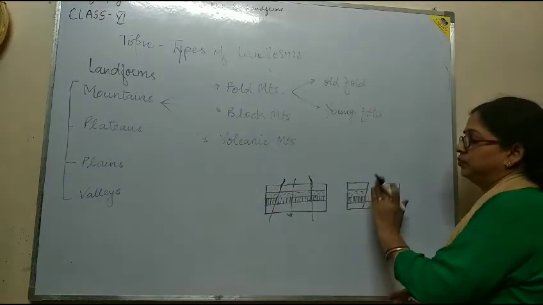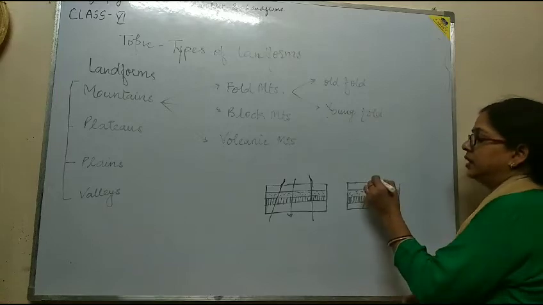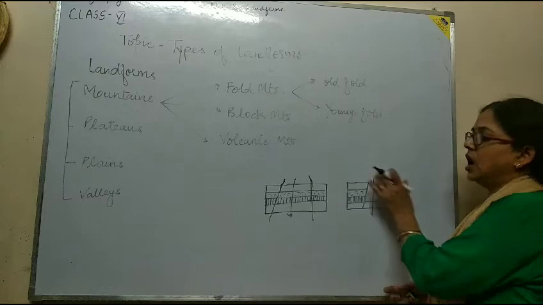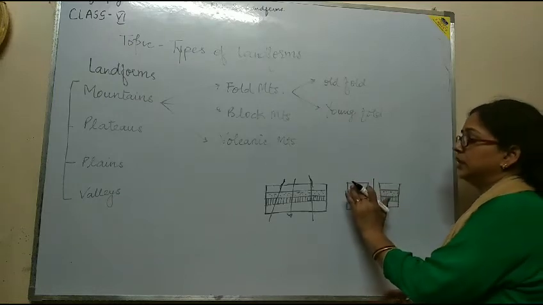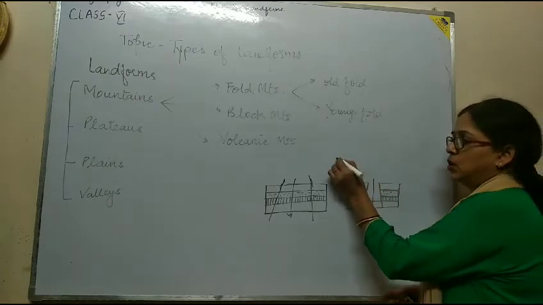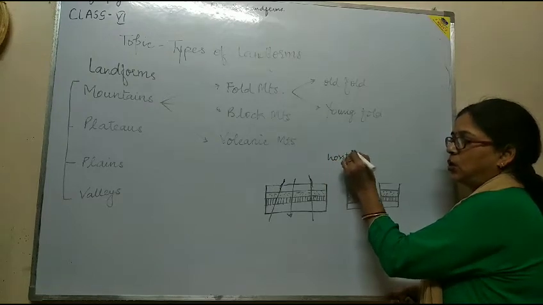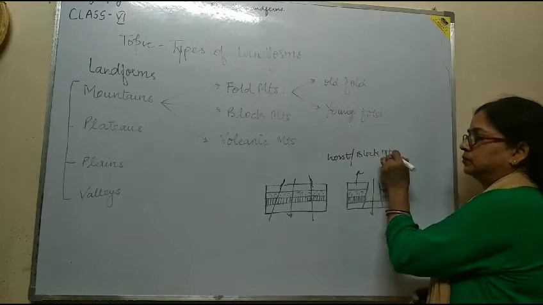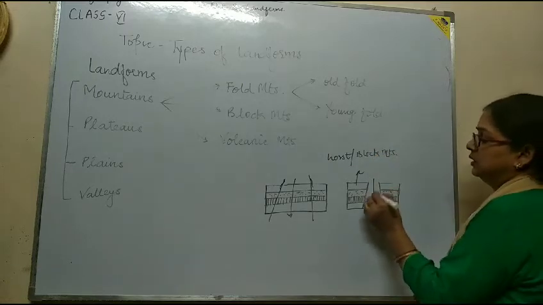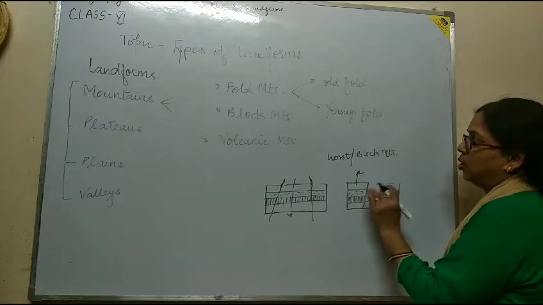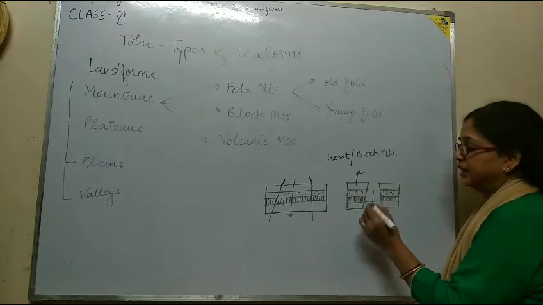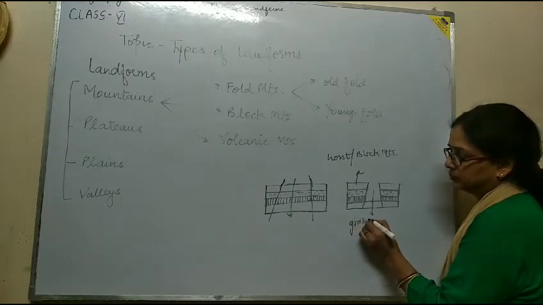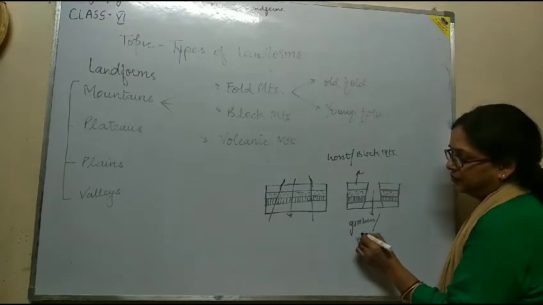You can understand this better this way: the part gets depressed, remaining the either sides of the land upraised. So the raised part is called a horst, H-O-R-S-T, horst or block mountain, whereas the depressed or lower part of the land is called a graben or rift valley.